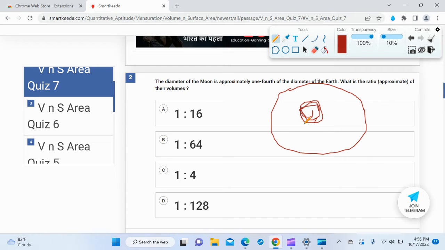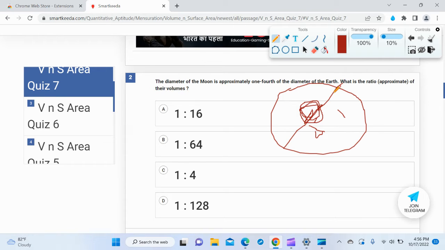So if this is the diameter of our earth, then one fourth of the diameter of the earth is the diameter of the moon. Now the question is, what is the approximate ratio of their volume?